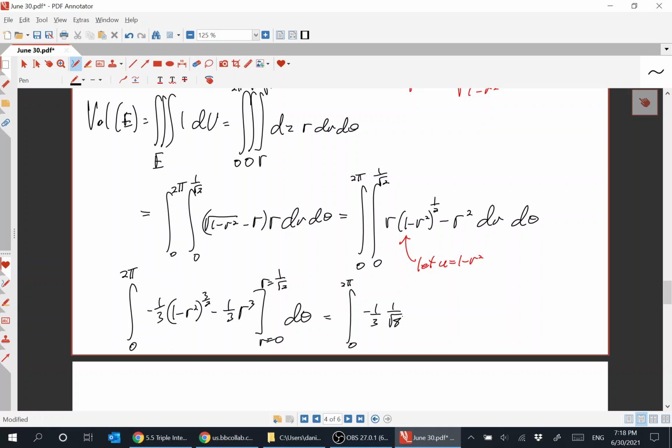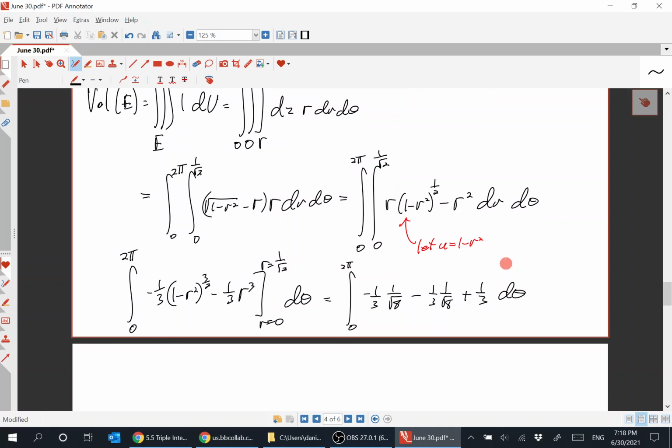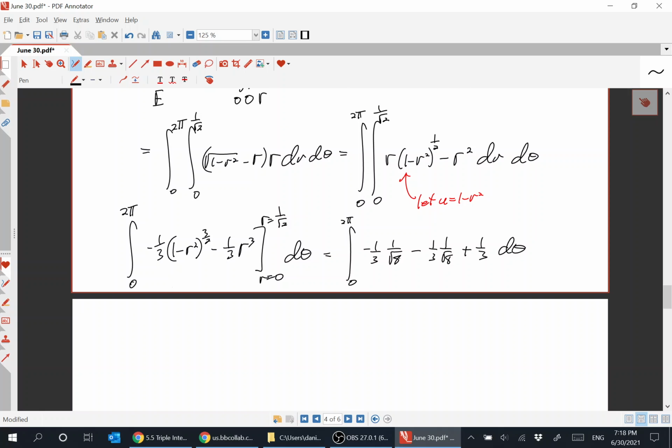That's 1 over root 2 to the 3rd. So 1 over square root 8. Minus 1 over root 2 is 1/3 times 1 over root 8. Minus, at 0, so minus minus is plus. At 0, it's 1/3. Plus, at 0, that's 0. D theta.